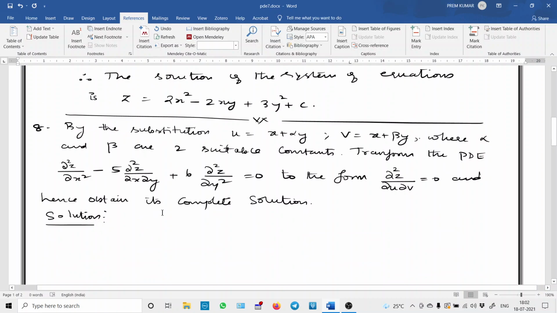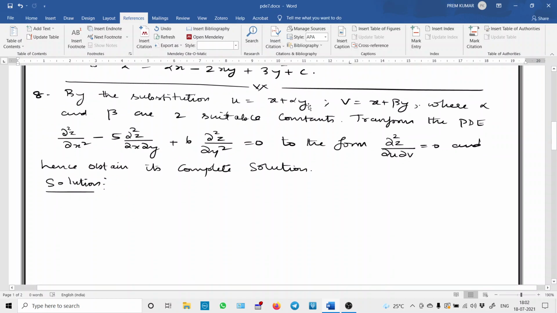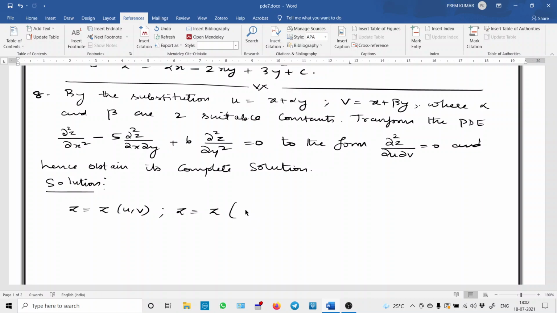Now, for this problem, u and v are functions of x and y. z now is a function of u and v, where we can still say that z equals a function of u and v. u in turn is a function of x and y, and v is in turn a function of x and y.